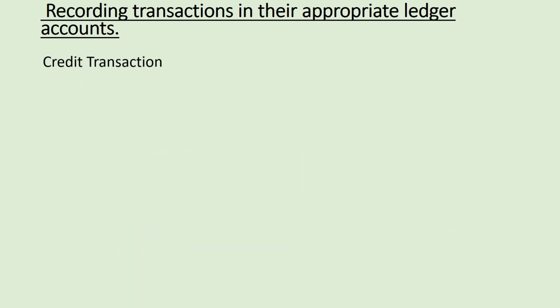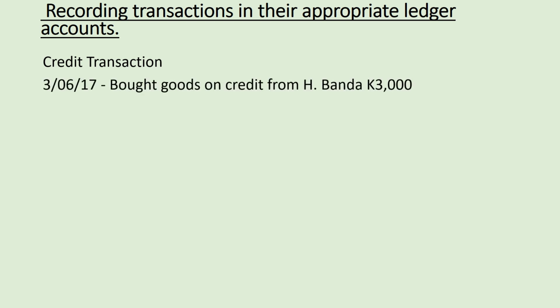Next, look at a credit transaction, a transaction that does not involve cash. Usually this transaction will involve a personal account. There must be a company or a person involved. So on the 3rd of June, bought goods on credit from H Banda at 3,000. What accounts are involved here? Bought means there's a purchases account, but it's on credit. No cash or money from the bank has been paid. So we have the purchases account and H Banda's account.